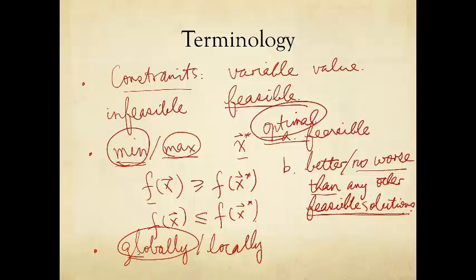If you say that this is no worse than any other feasible solution in a small neighborhood around this point, then we call that solution a locally optimal solution. So these are the terminologies about feasible solutions, and globally or locally optimal solutions, that we will be using again and again in future lectures.